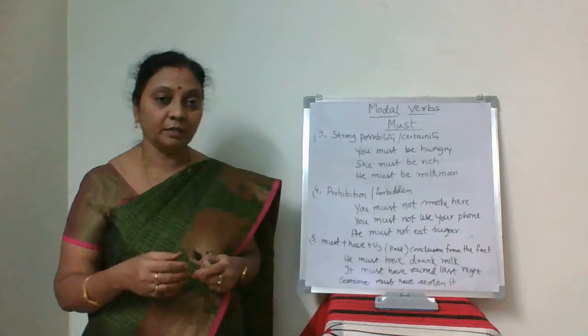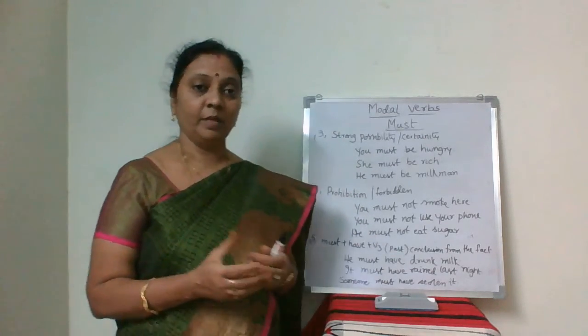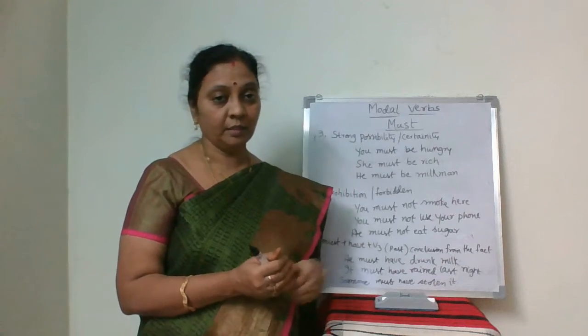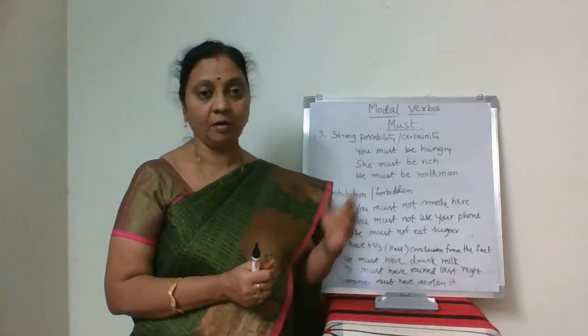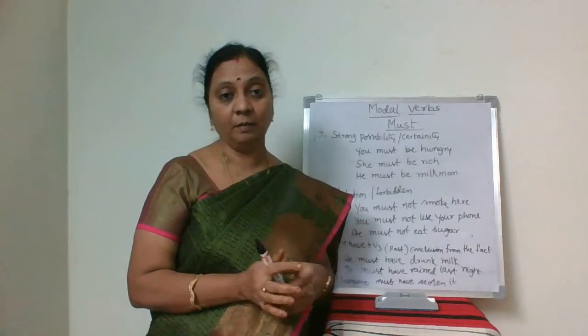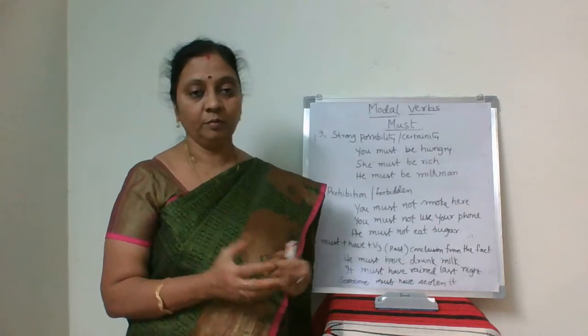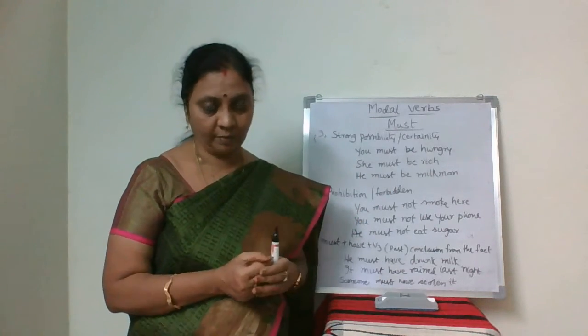She was wearing jewelry, gold ornaments and diamonds, so by that you can say she must be rich. Or he must be rich: he is the owner of this building. So we can say he must be rich.